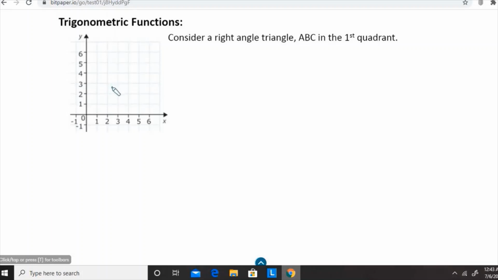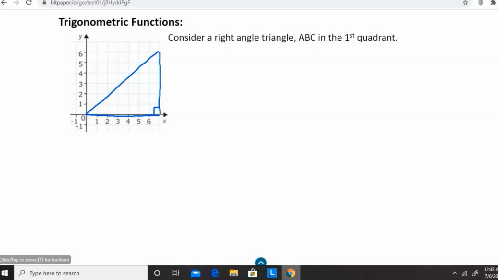And what I'm going to do is draw a right angle triangle, ABC right angle triangle, in the first quadrant, like this. And then you can see why this is a right angle triangle, because you have a 90-degree angle.